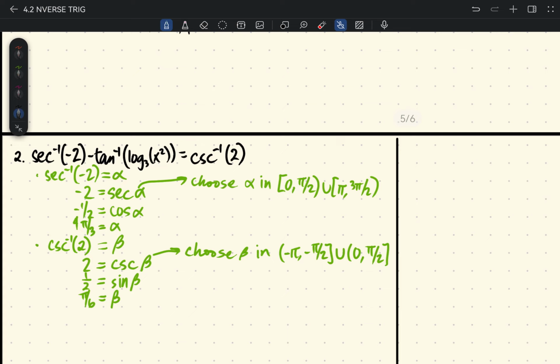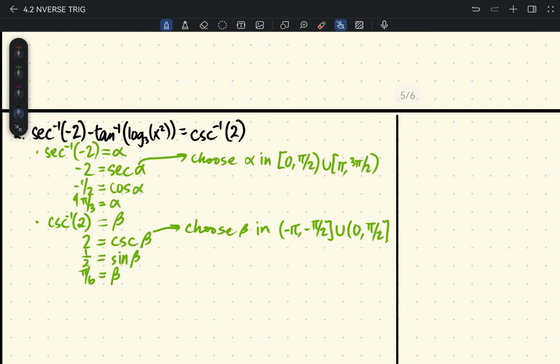So let's plug everything in. We have secant inverse of negative 2, that is 4 pi over 3, minus tangent inverse of log x squared base 3 equals cosecant inverse of 2, that's pi over 6.